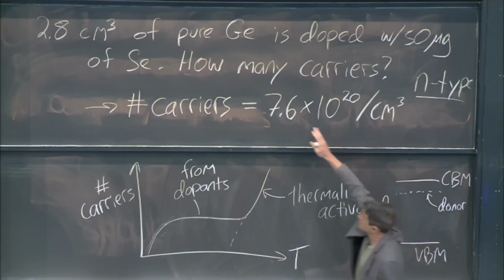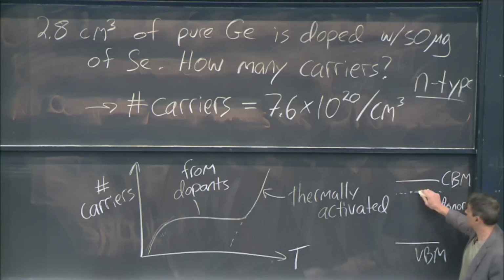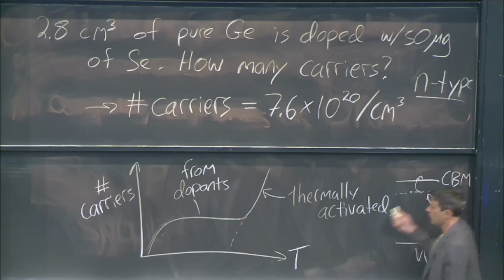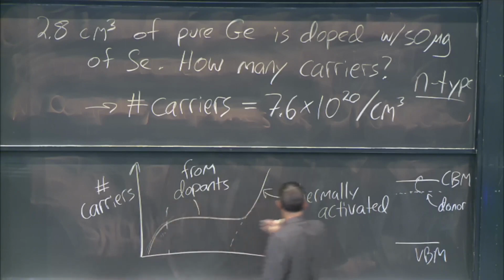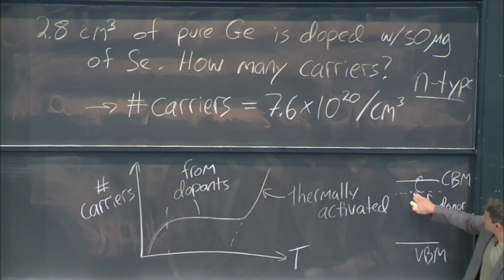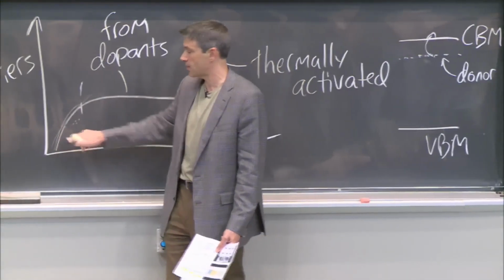The electrons from selenium go into here, and then you have enough thermal energy to get them up to there. And that's where they're free carriers. That's where they can carry electricity. And at a certain temperature, if you're lower than that, there's not even enough thermal energy to get from here to here. So it's got to go down eventually. That's what that part is.